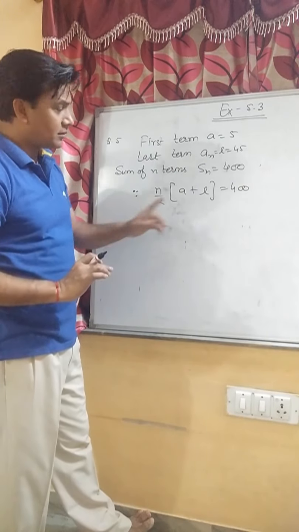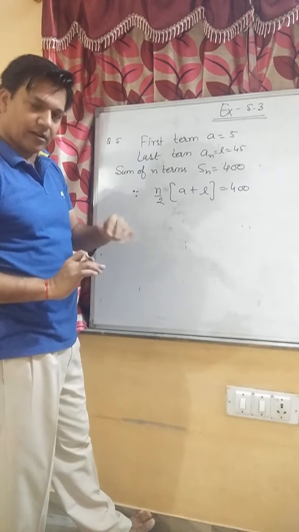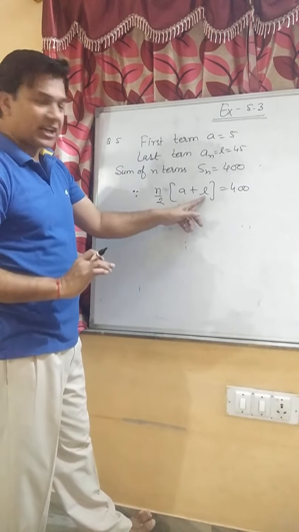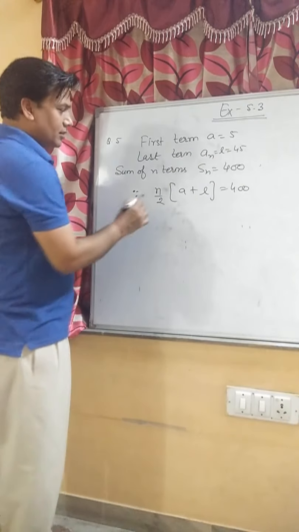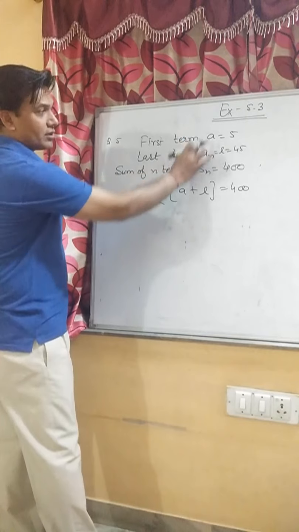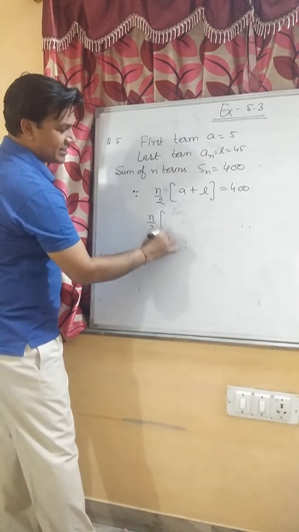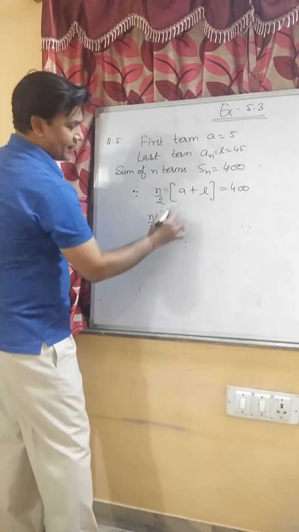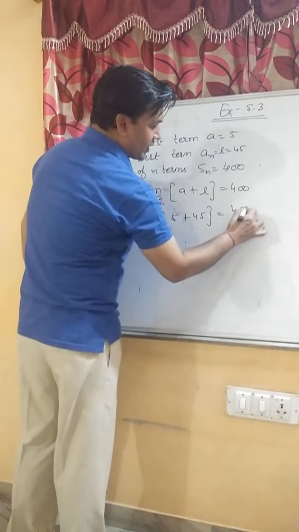The value of a is 5, already given, and the last term value is 45, also already given. So substitute these two values a and L here: 5 plus 45 equals 400.